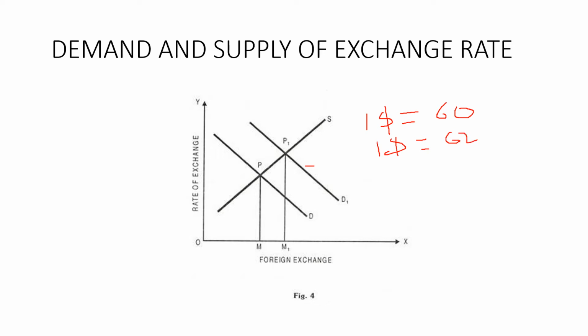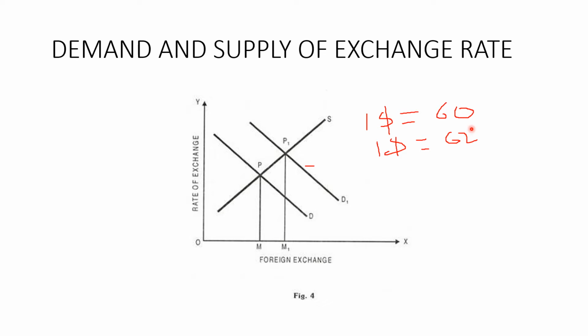So let's say there is a depreciation in the value of the Indian rupee, that is from 60 rupees to 62 rupees. This type of situation influences the foreigners to buy more Indian products, or in other words, the foreigners' purchasing power increases.